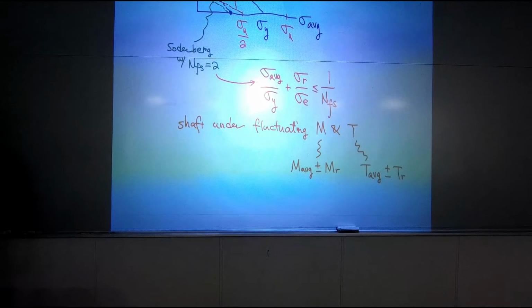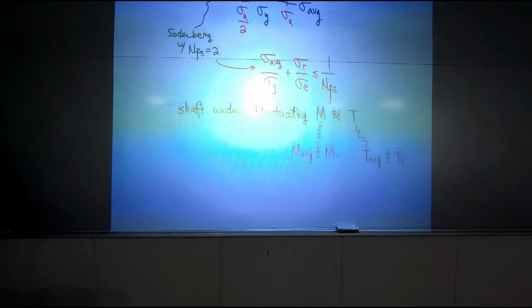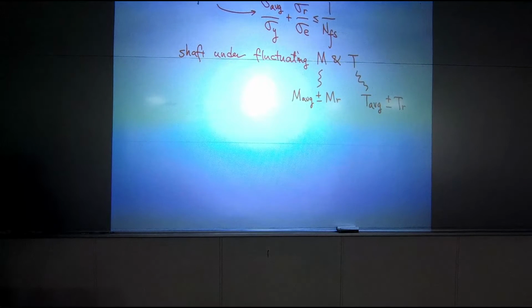So let's say we have a shaft under this particular case, a general case. The bending moment and the torque are both fluctuating. So if this is the case, then sigma average equals 32 M average divided by pi d cubed.